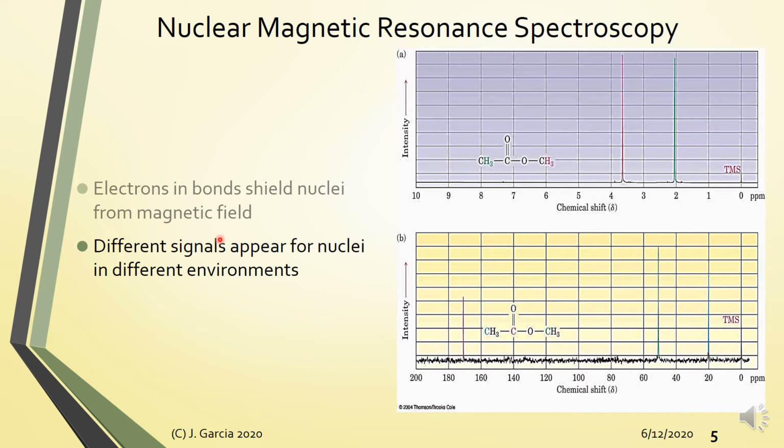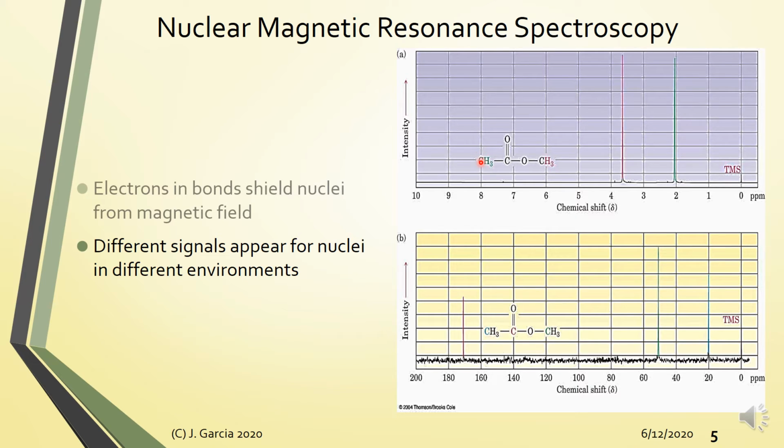Because this shielding effect is dependent on the electrons in the chemical bond, different signals appear for nuclei in different environments. So, tingnan natin muna yung proton NMR for methyl acetate or methyl ethanoate. As we can see, each of the H3 protons are attached to methyl groups.